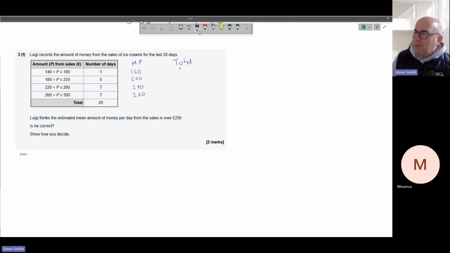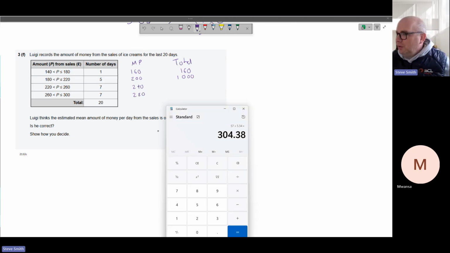We can see that it's times by 1. That's an easy one. That's times by 5, another relatively easy one. Times by 7, not so easy. And times by 7, not so easy. So let's do that. 240 times by 7 is 1,680.